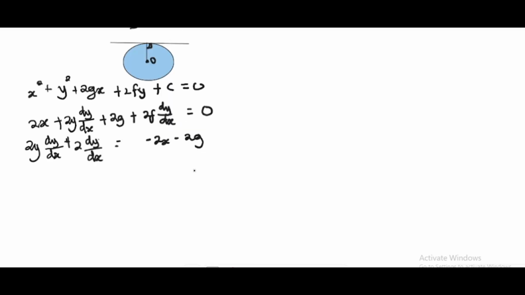Now on the left hand side, we have dy/dx to be a common term. So if we factor out dy/dx, we're going to have 2y plus 2f to be equal to minus 2x minus 2g. So we're looking for that change in y with respect to the change in x.